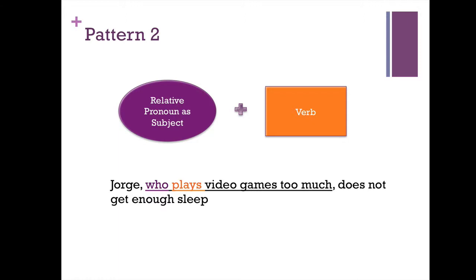It answers the question who? Well, it refers back to Jorge. It tells us a little more about Jorge. And we have the relative pronoun, who. Who is also the subject of the clause, and the verb is plays.